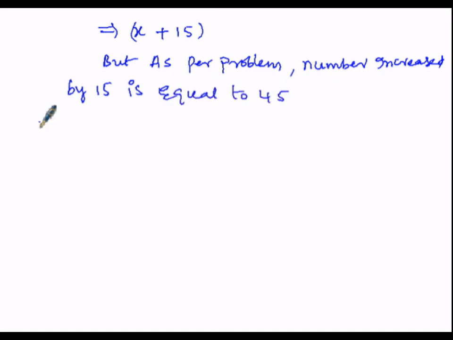So x plus 15 is nothing but the number increased by 15, and that is equal to, the equal to sign, the value 45.